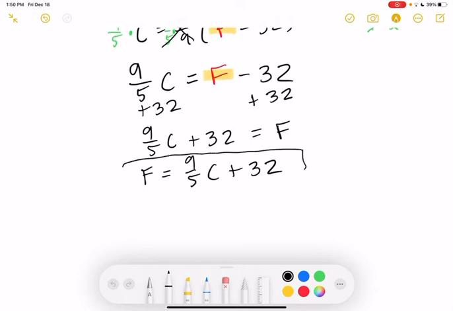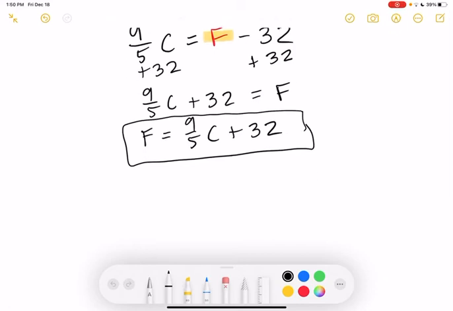So we did the first part. We solved for F. Now, let's go ahead and plug in that 10. Okay, so go ahead and try it. You'll probably want to do 10 over 1, though, so that it cancels out that fraction, okay?